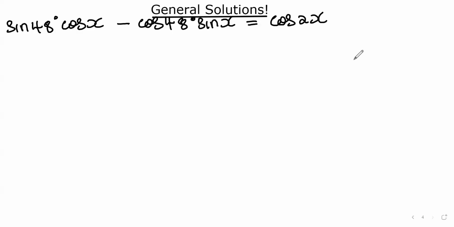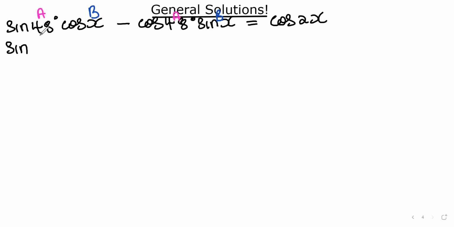So this is what we need to solve, all right? But now here, if we give this a good look, we have sine A cos B minus cos A sine B. So in other words, they actually gave us a compound angle identity for sine.